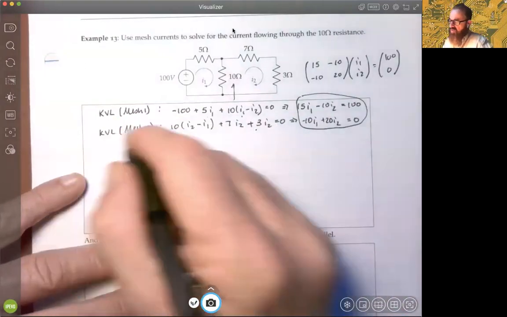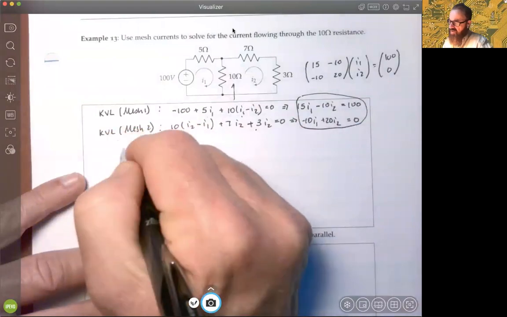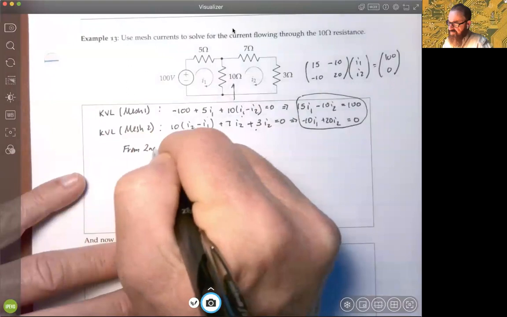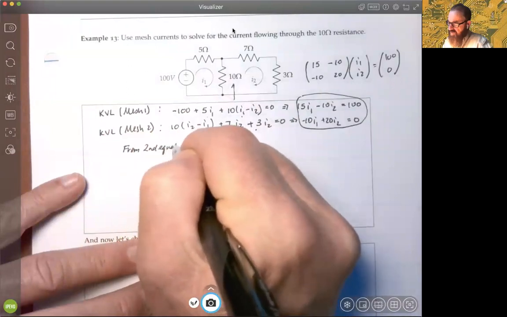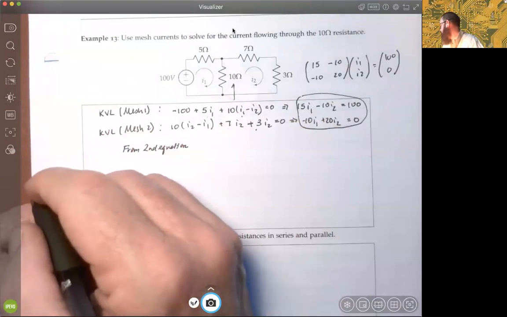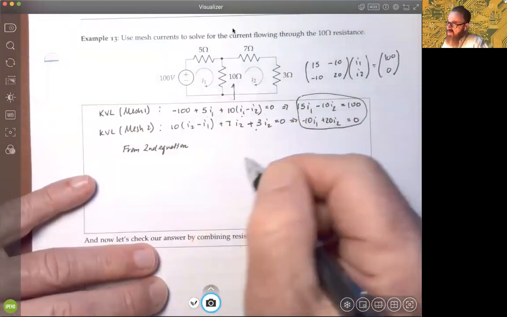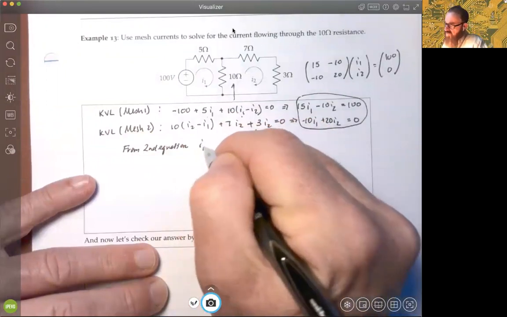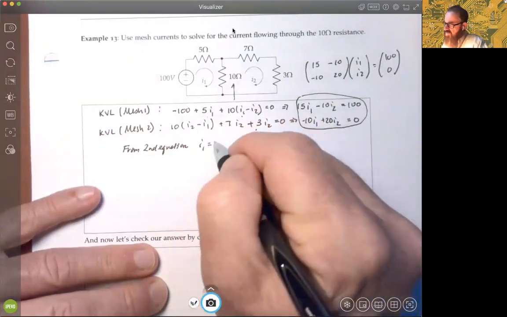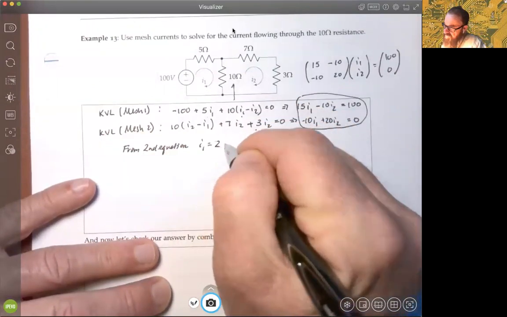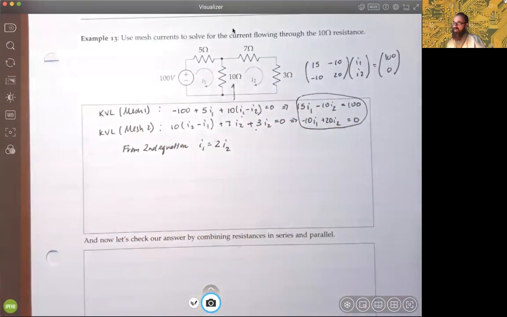So what we can do is take the second equation. It's just an alternative to using Gauss elimination. We can do it by substitution. From the second equation, what we know is that I1 really has to be 2 times I2. Has to be twice whatever I2 is, right?